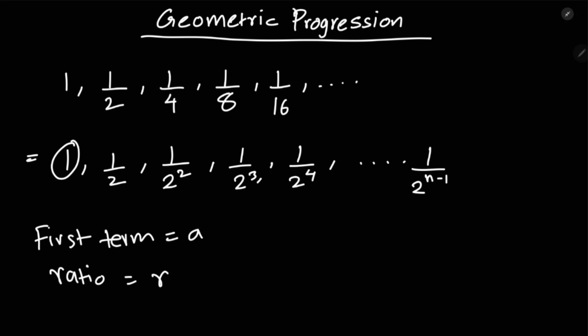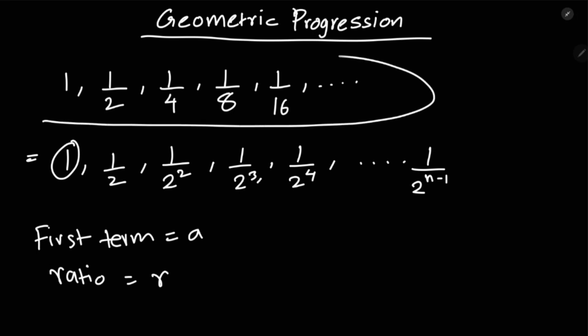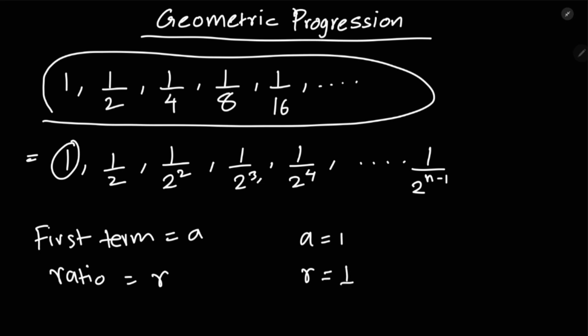So here in this example, the first term is just 1, and the ratio between any two consecutive terms is half. So it is the same as when you divide the second term by the first, or let's say the fifth term by the fourth term.